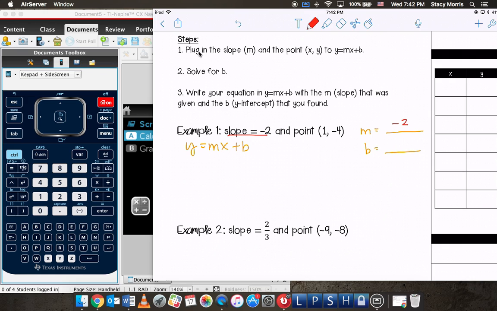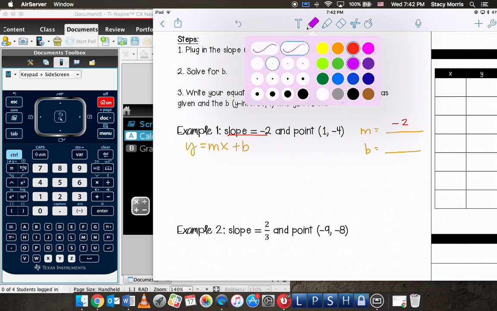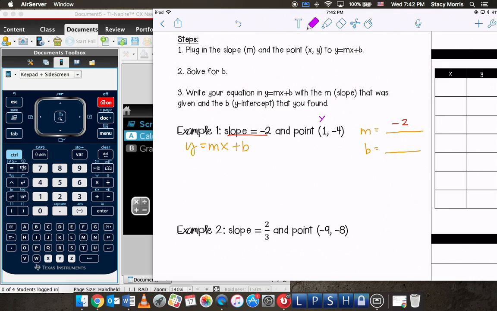The first step is you're going to plug in the slope m, and the point, which represents x and y, into y equals mx plus b. While I don't have the y-intercept, I do have a point that stands for x and y. I'm going to plug those three things in, and then solve for b.